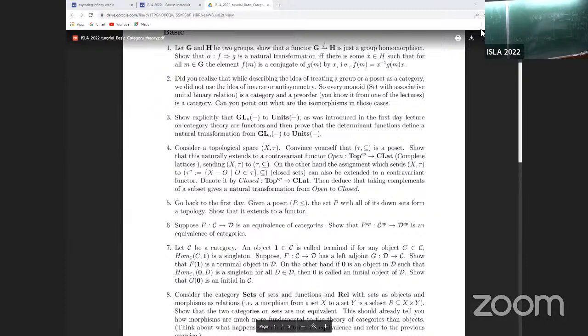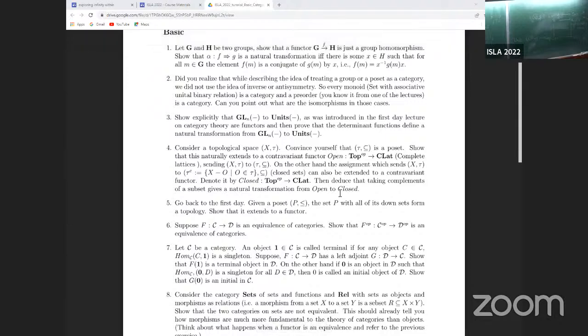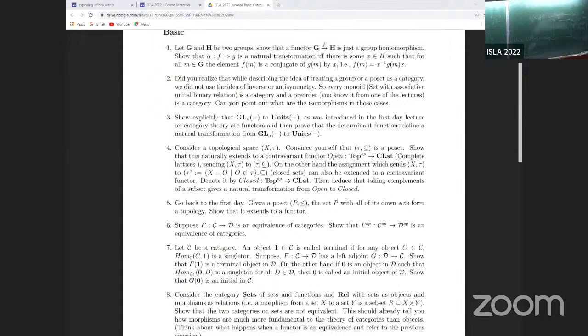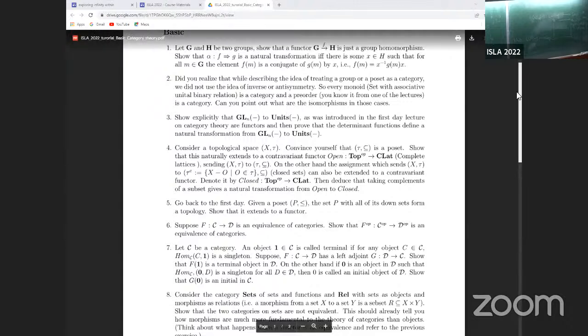Devanjan Chakravarti. I'm trying the sixth one, where we have to show the equivalence of categories when considering the opposite functor. Suyash Srivastav. I'm still on the third question.